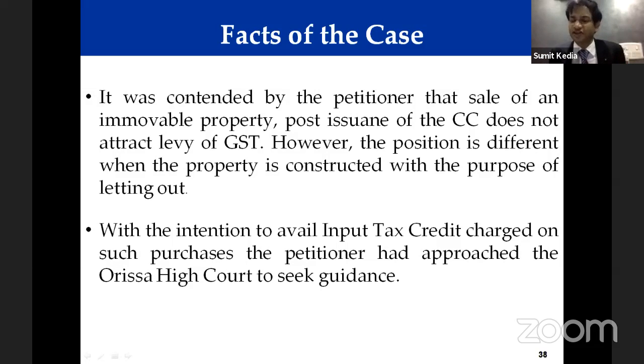Something which cannot be detached. We have various earlier judgments, even Supreme Court and High Court judgments in the earlier regime, which dealt with what is an immovable property. Predominantly it was said that if you can detach something without causing damage to the property, then it does not become part of an immovable property. For example, if I fix something with nuts and bolts and take it out easily without causing damage, that does not become part of an immovable property.